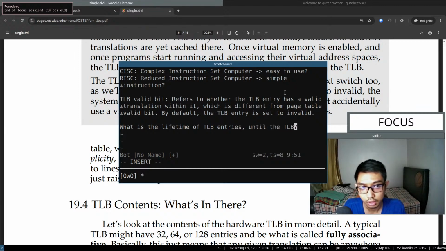Until the TLB entry becomes invalid. Okay, maybe something like this. Till the TLB entry becomes invalid.